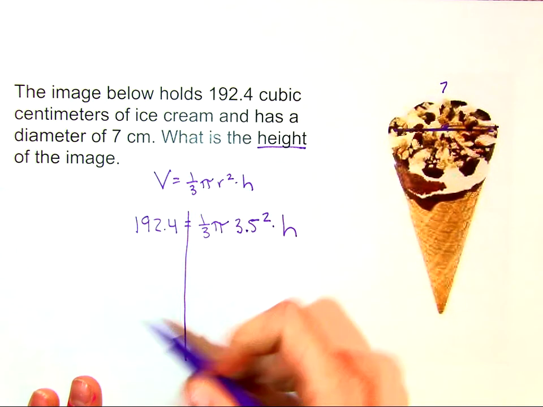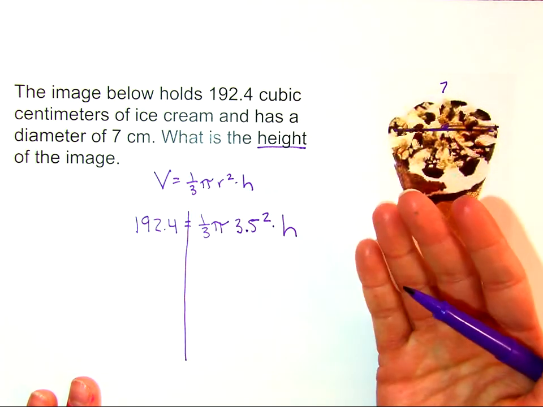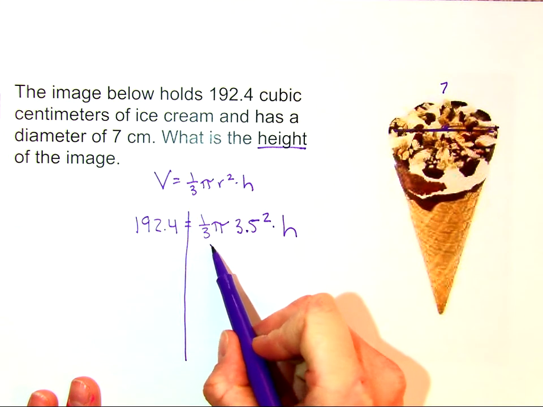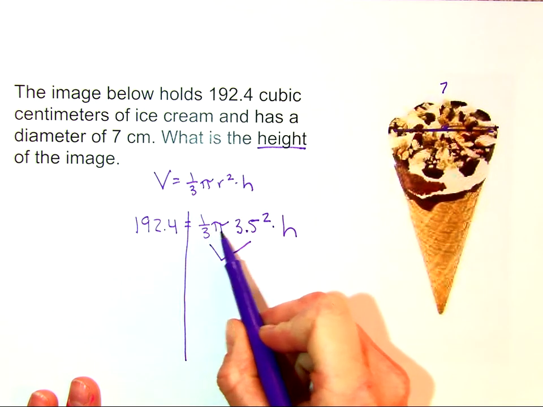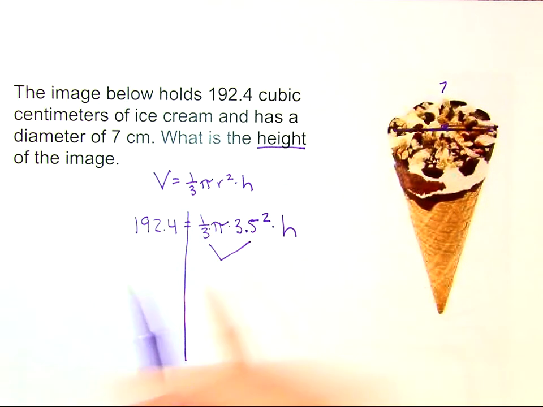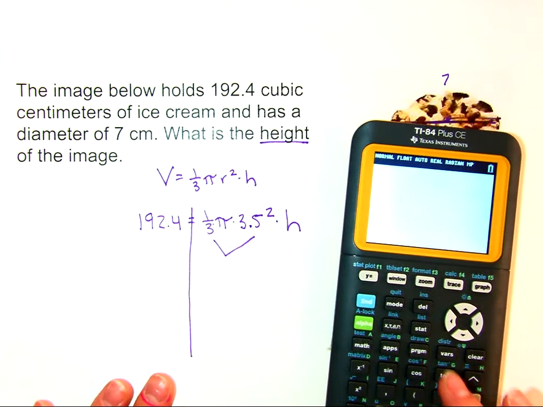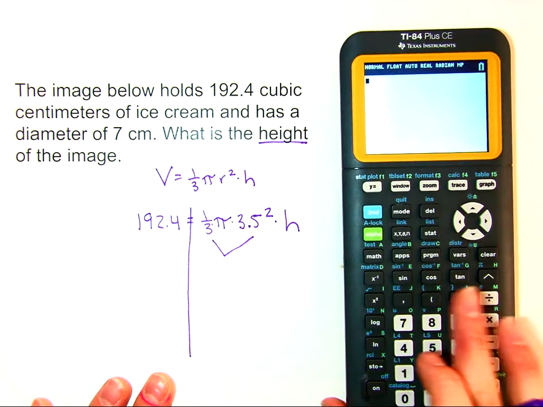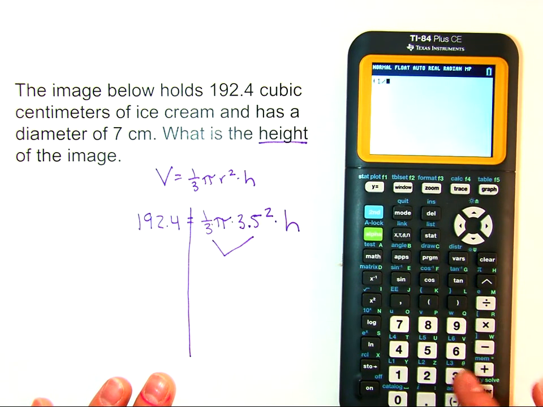The longer way, if you're showing your steps, which is encouraged, is just to combine all of these numbers. These are all numbers that just need to be multiplied together. So again, I always put my fraction in parentheses. 1/3 times pi times 3.5 squared.